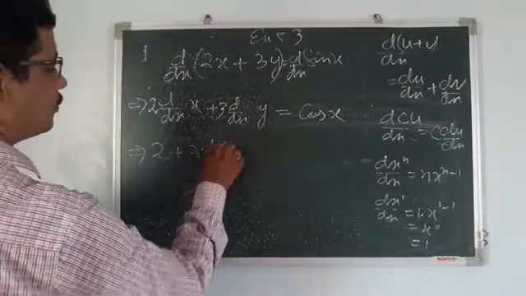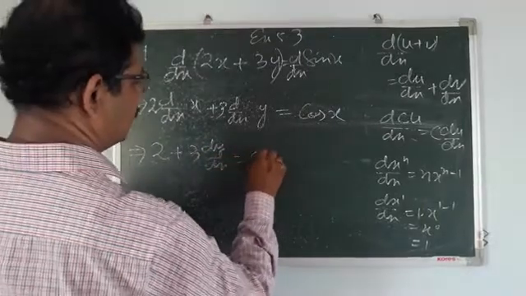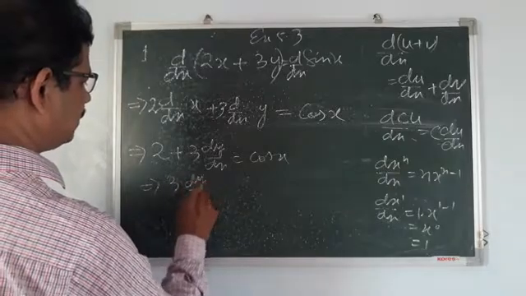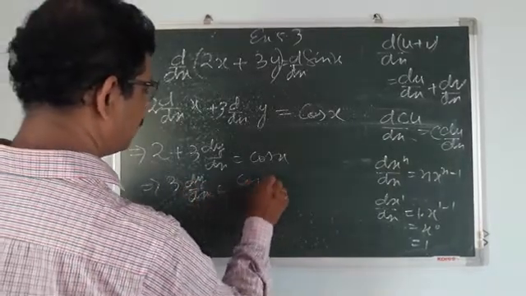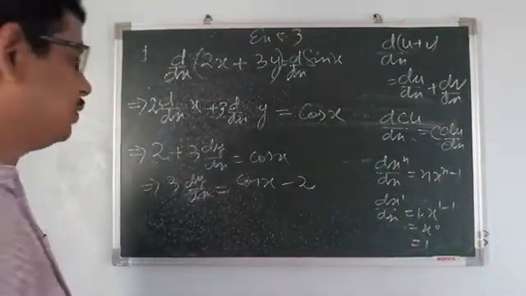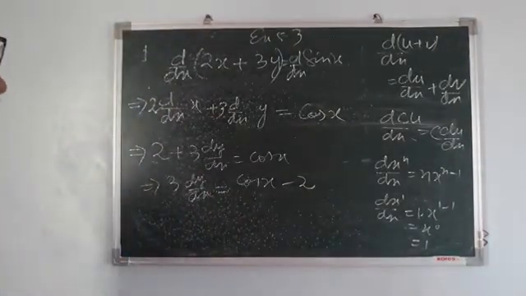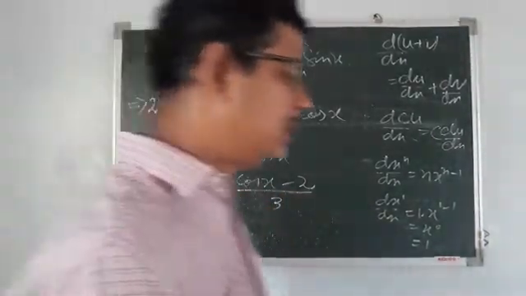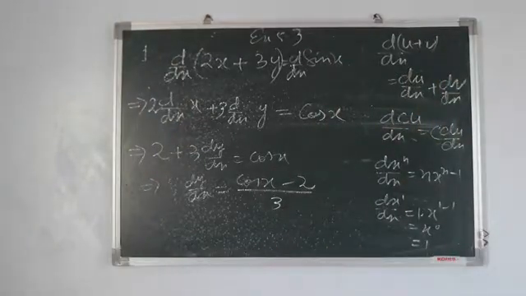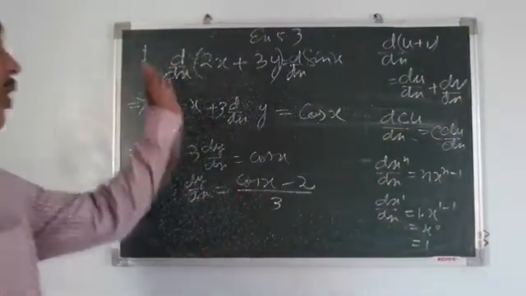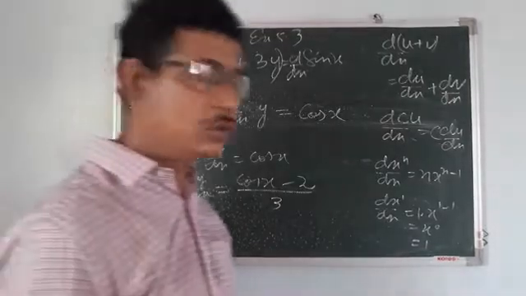Thrice dy/dx equals cos x minus 2. So 3 dy/dx is cos x minus 2. If we take 3 to the other side, that will give our dy/dx of that equation. And yes, we are able to find the value of dy/dx where the equation is given in this form.